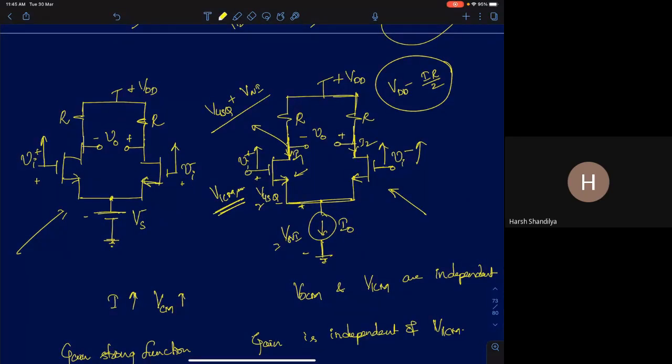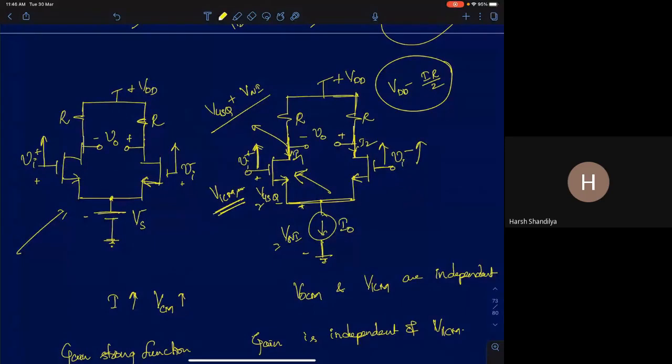But as you keep increasing the gate voltage, at some point this transistor will enter into linear region. So what is the gate voltage for which it will go to linear region? The gate can go at most one VT higher than the drain. If your gate voltage goes a VT higher than the drain voltage, then this device will go out of saturation.